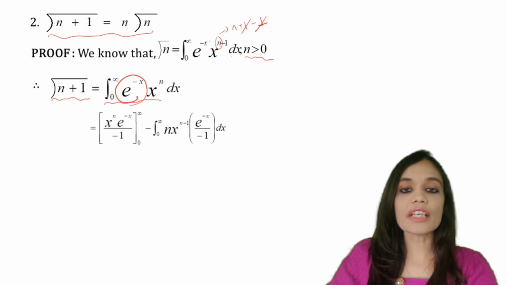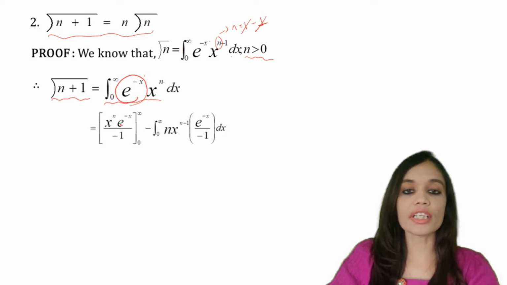Integration of e raised to minus x will be e raised to minus x upon minus 1, with limits 0 to infinity, minus integration 0 to infinity. Now do the derivative of x raised to n, so it will be n into x raised to n minus 1, and integration of e raised to minus x will be e raised to minus x upon minus 1, dx.